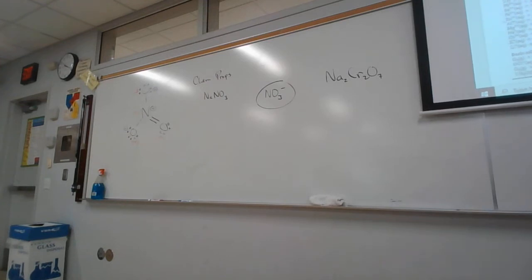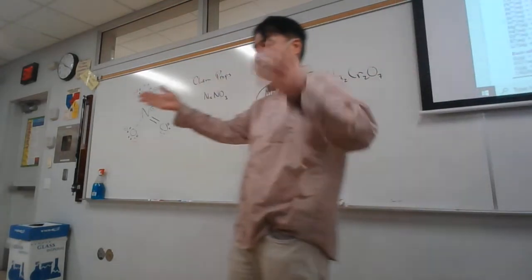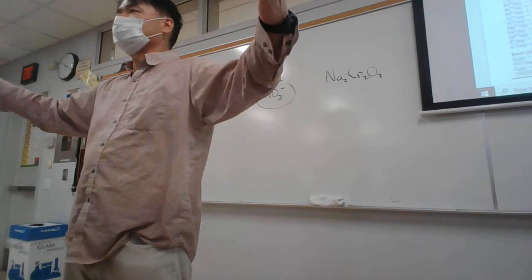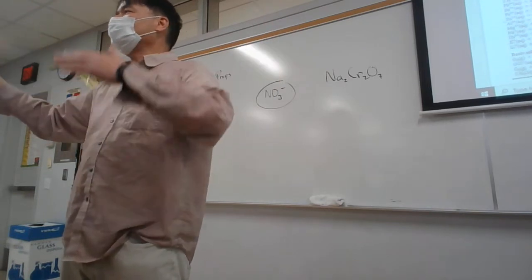The oxidation state ranges from +5, when I get to helium, to -3, when I get to neon, and all the numbers in between. This is the range. We want to know the minimum and the maximum. So nitrogen, +5 to -3.